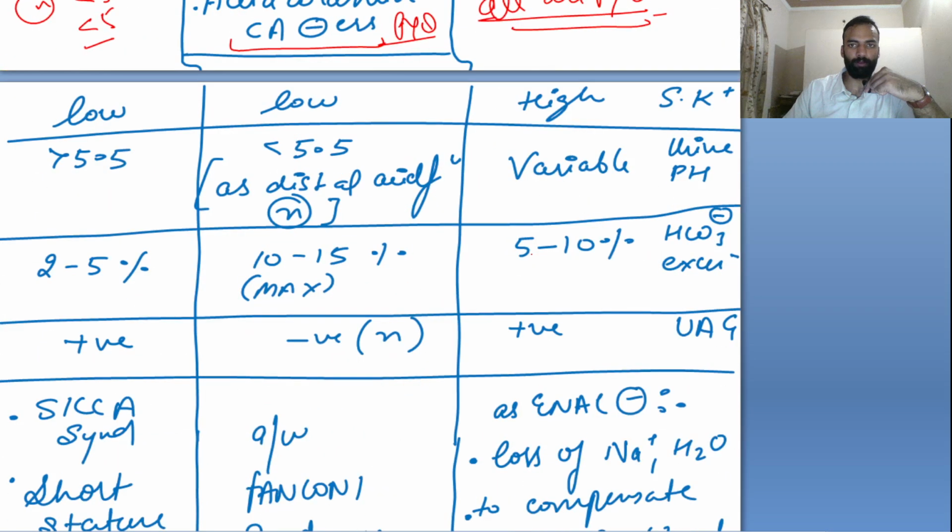Now I am moving forward with the ion values. So you have to see serum potassium. In type 1 it's low. Why is it low? Because the hydrogen potassium pump is not functioning. It is an exchanger. So what happens when there is an exchanger? Hydrogen will go out and potassium will come in.